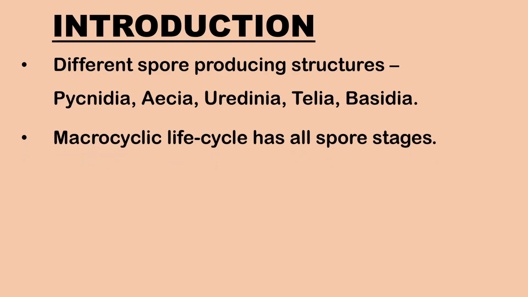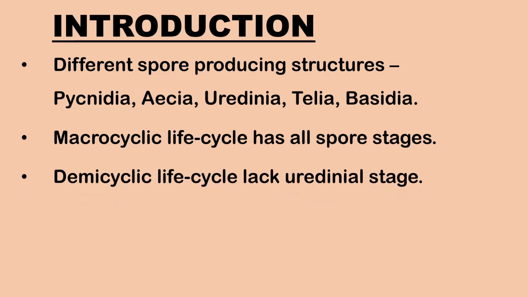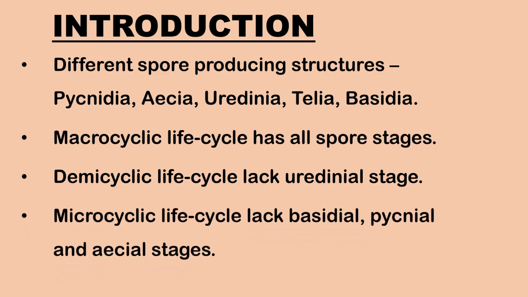Rust fungi show three basic life cycles. They are macrocyclic, which has all spore stages, demicyclic, which lacks the uredinial stage, and microcyclic, which lacks basidial, pycnial, and aecial stages.